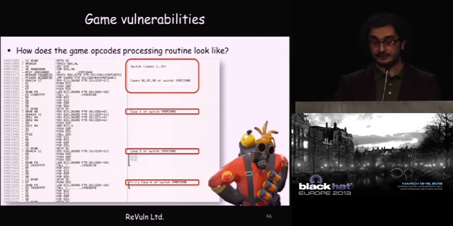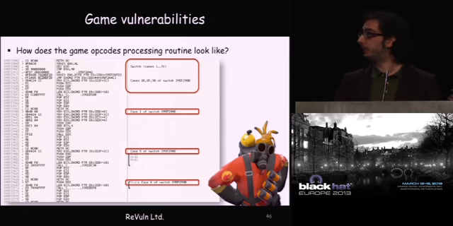This is very easy to spot if you're using a disassembler, because it's usually composed of a very huge switch statement, which has hundreds of different callback functions, where each callback is basically the handler of the given opcode.